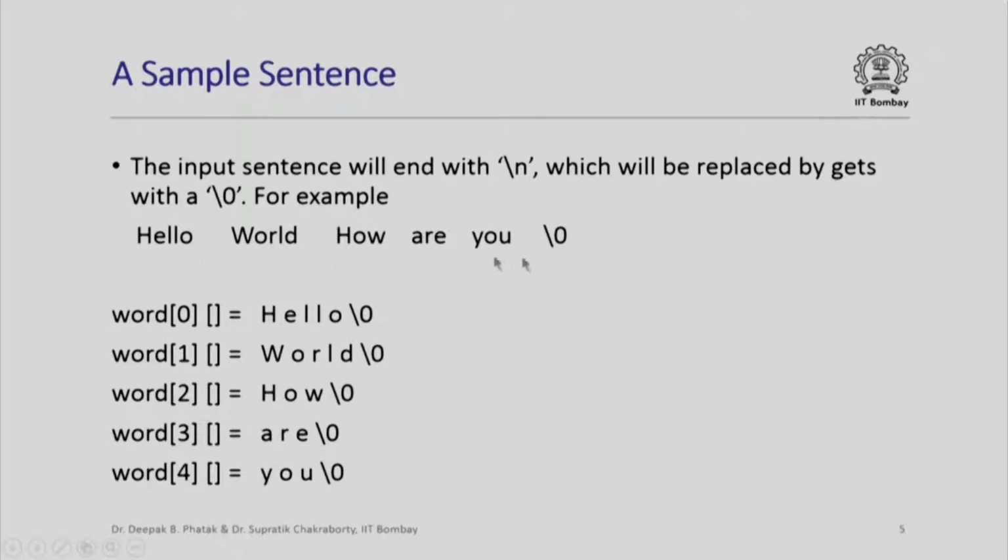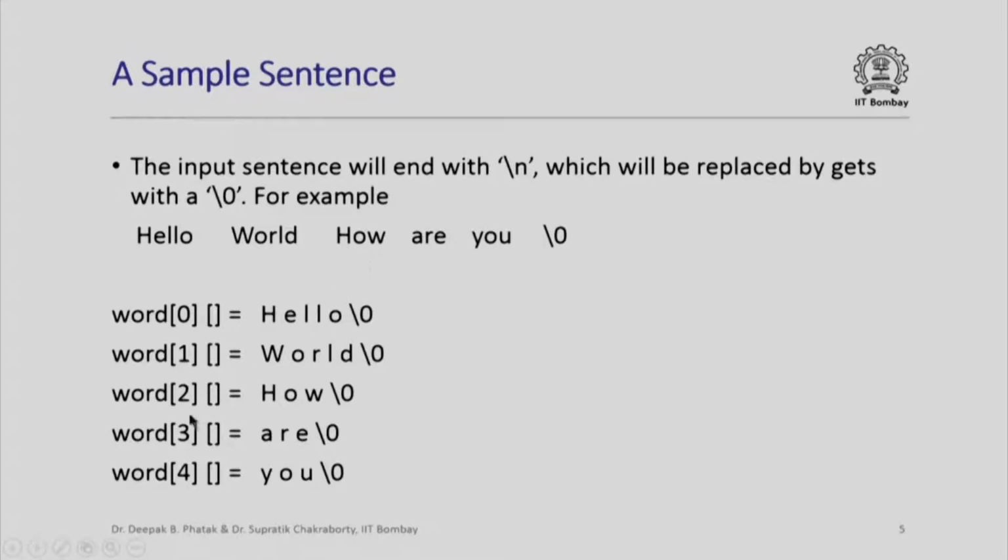What do we wish to do with this sentence? We wish to ignore the first three blanks, and put hello into consecutive locations for the 0th row of word. So, HELLO followed by a \0. We again have to ignore the subsequent blanks till we encounter the second word. This word is world, which we wish to put into the first row of word.